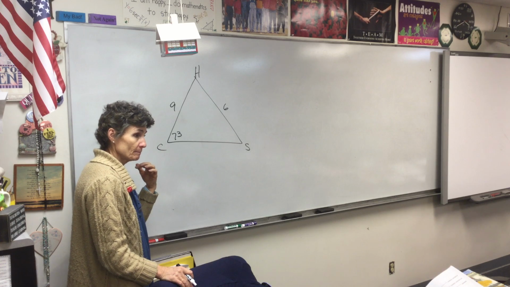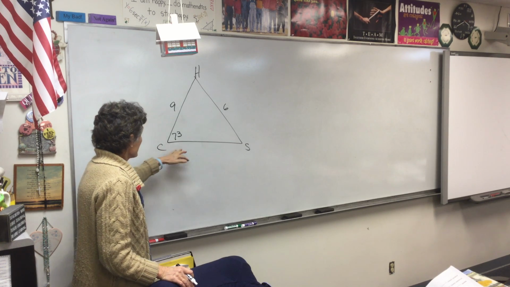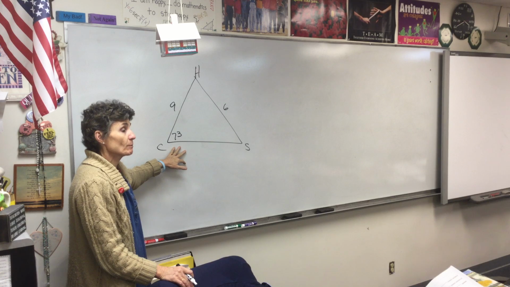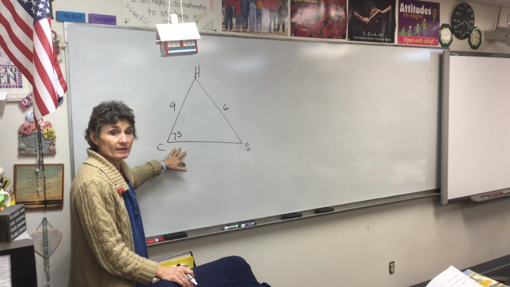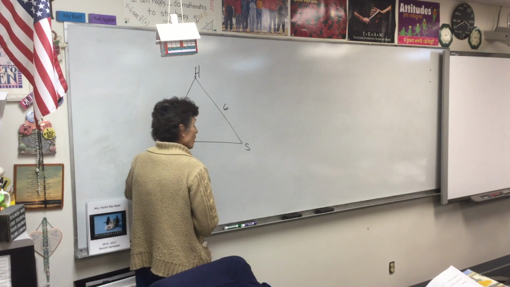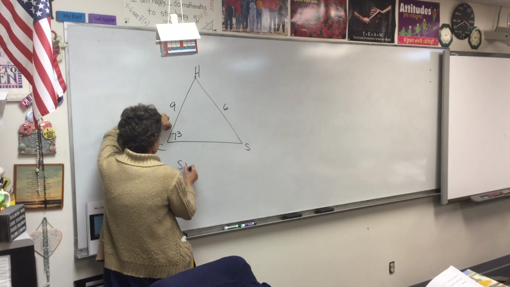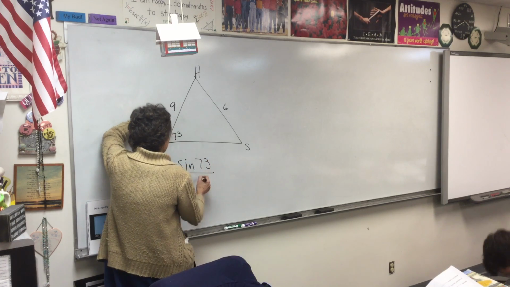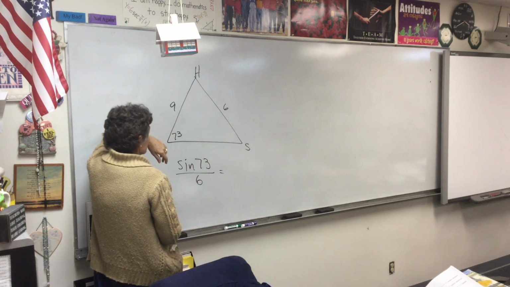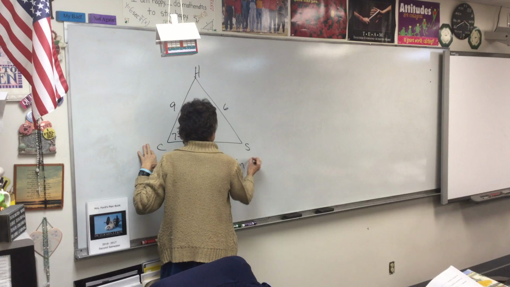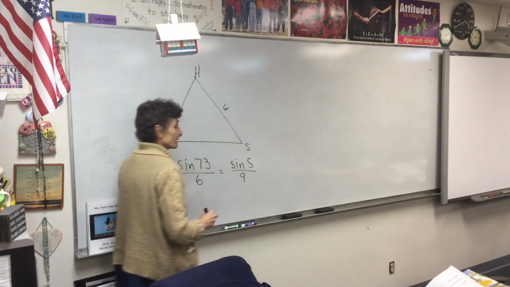You want to pick that up, Luke? Yeah, I want to. In order to set this up, I'm going to do the law of sines. So what's the law of sines going to say for this problem? Sine 73 over 6 equals sine s over 9. That's exactly right.